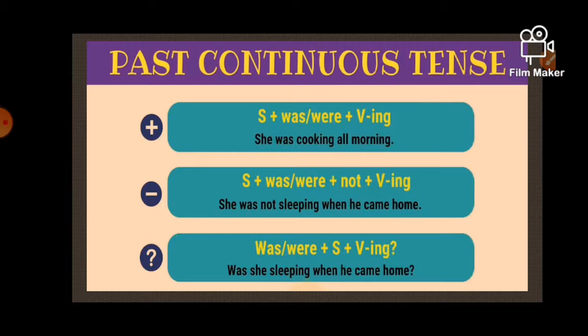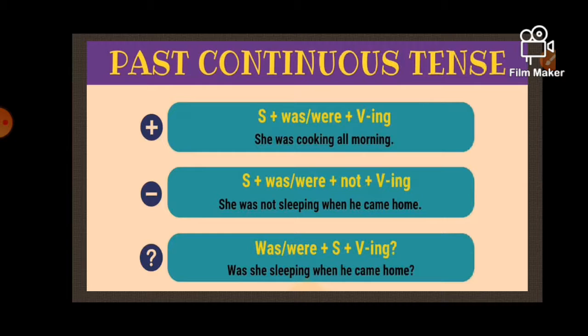Okay. Now interrogative. And you know guys very well that whenever we change an affirmative sentence into interrogative, we use the auxiliary verb first. The auxiliary verbs are always taken out from the sentence.